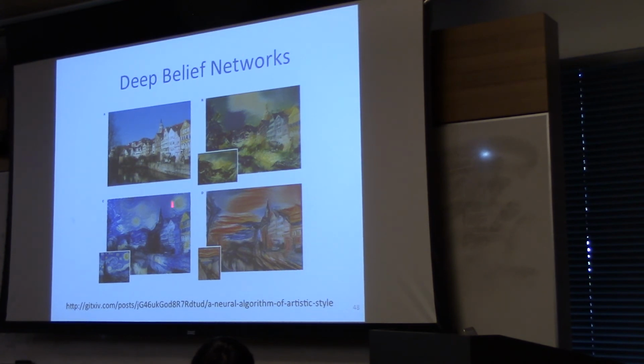So this is the input image. These are three artistic styles, and it resampled an image from this image according to this style. This is probably one of the coolest examples of generative models in recent times. Certainly made a lot of headlines.